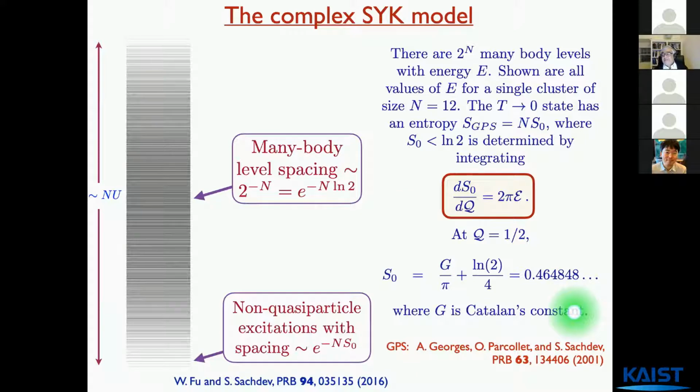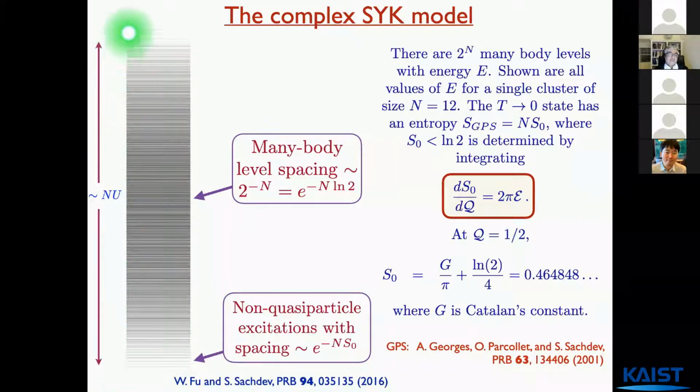Okay, so what does this mean? Well, what I've plotted here is a numerical result. You take 12 sites and you look at all the states. So there's 2 to the 12 states. This is the lowest energy state here, and that's the highest energy state there.